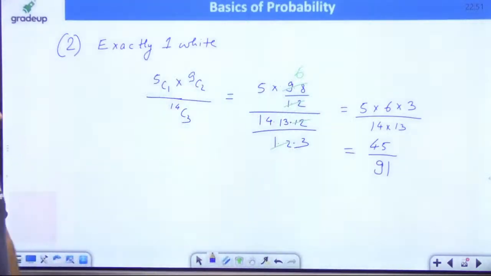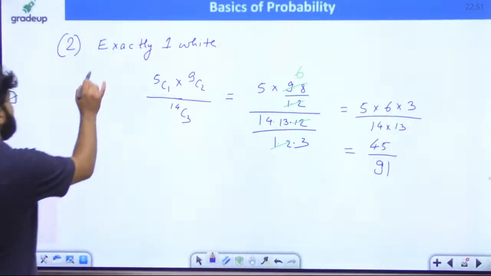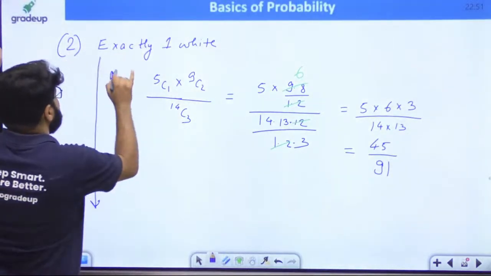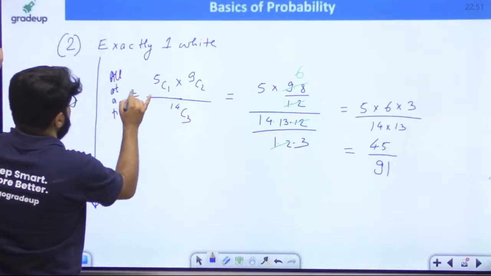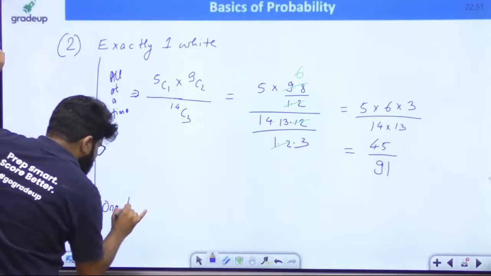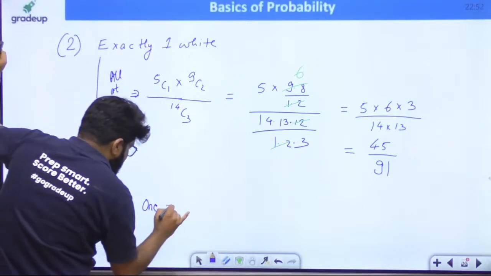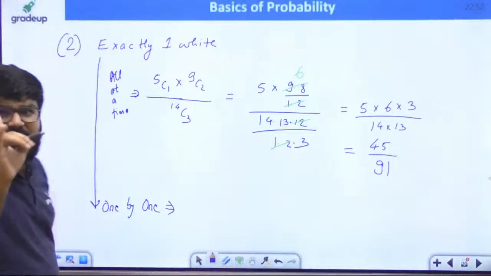Chalo. Okay. अब अगर आप इसको 1 by 1 करोगे ना, this is the method all at a time. If you do 1 by 1, guys, see, it's going to be little lengthy. 1 by 1 karoge na, I will tell you exactly one white.